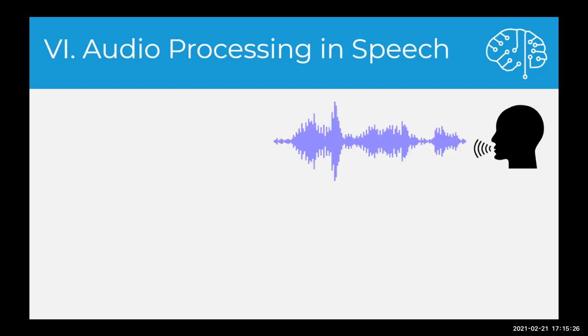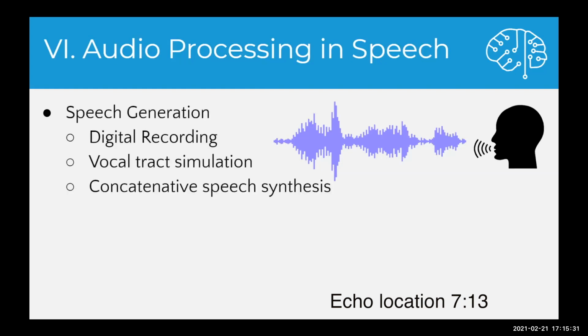Now, in the case of speech, speech is actually split into speech generation and speech recognition. In speech generation, DSP plays an important role in the digital recording and vocal tract simulation for computer-generated speech. Digital recording is the digitizing and storing of voices. During this process, voices are digitized and stored in a compressed form, then they are played back in an uncompressed form.